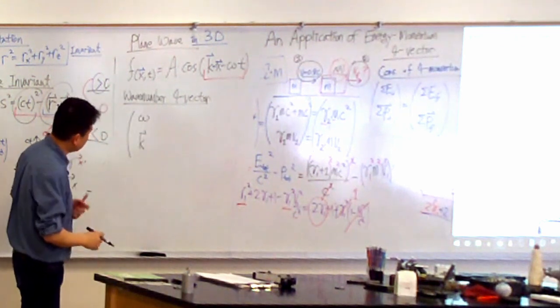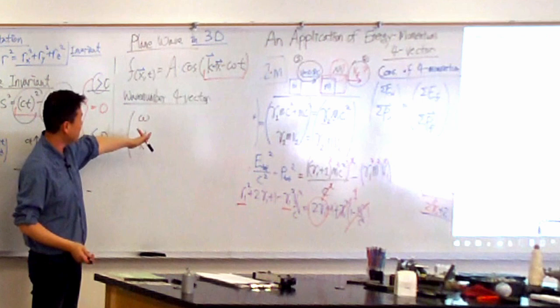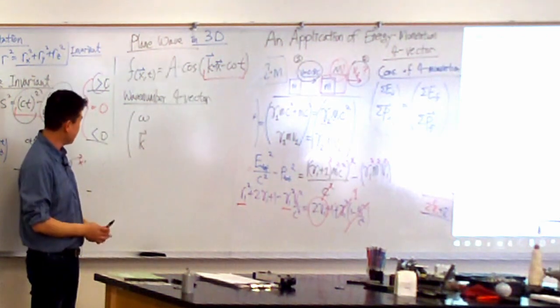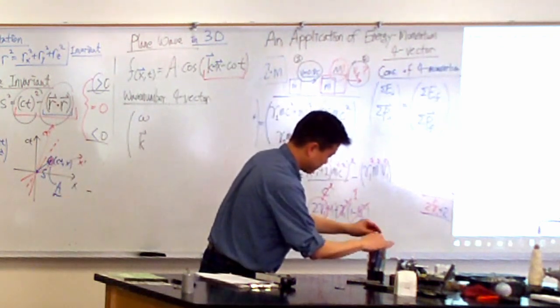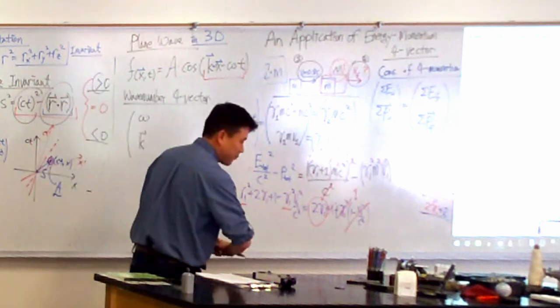Now, I need to fix the unit. So this is correct in the world where the speed of light c is 1. So let me look at the unit, the way the units work out here. So k, anybody here remember unit of wave number?